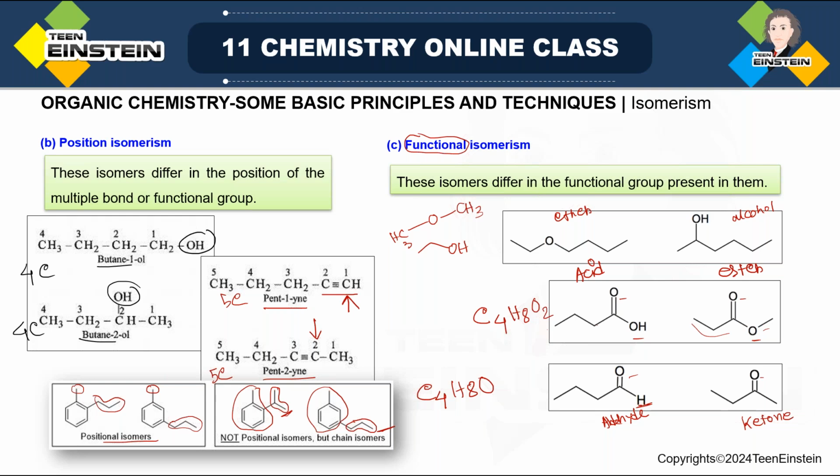It is aldehyde because on the right hand side you can see hydrogen. You must have hydrogen on one side of the carbonyl group, but here on both sides we have alkyl groups. That is why it is ketone. So these are the pairs of classes of compounds: ether-alcohol, acid-ester, aldehyde-ketone, where you can find functional isomerism.